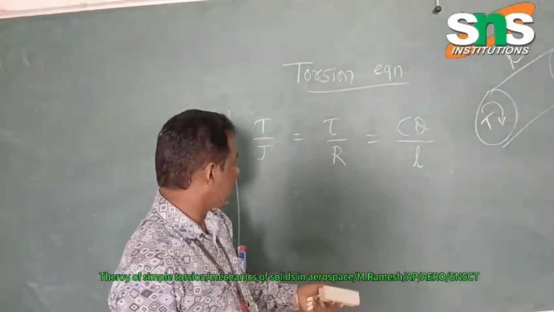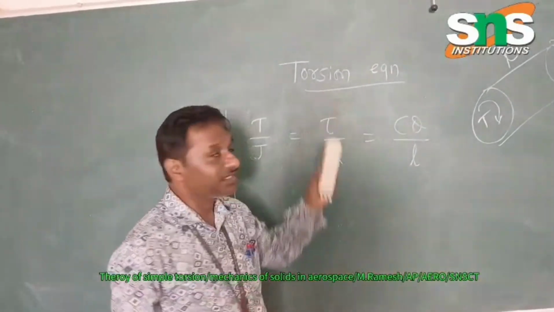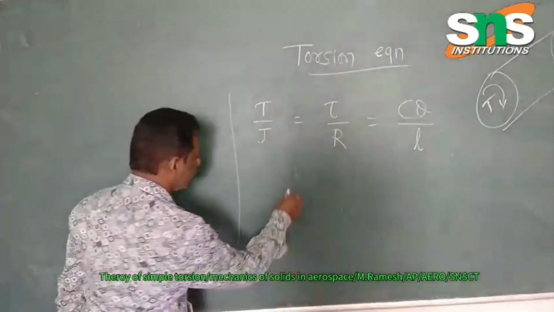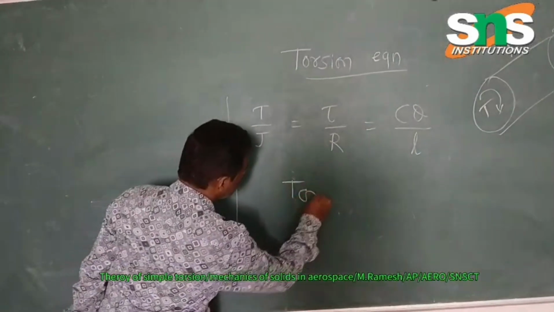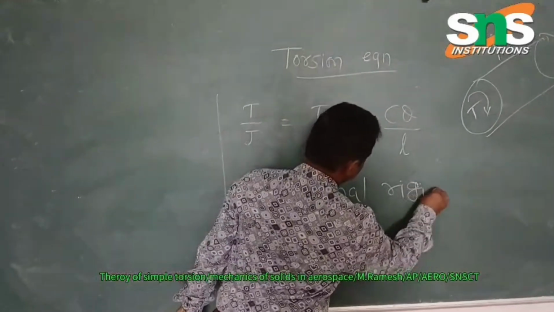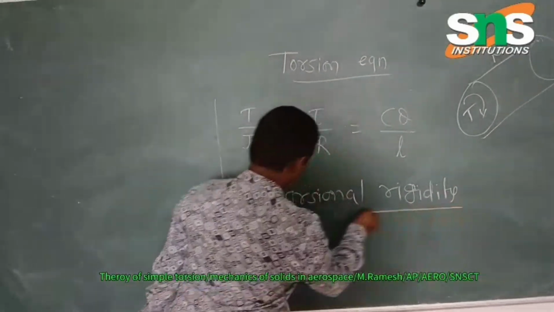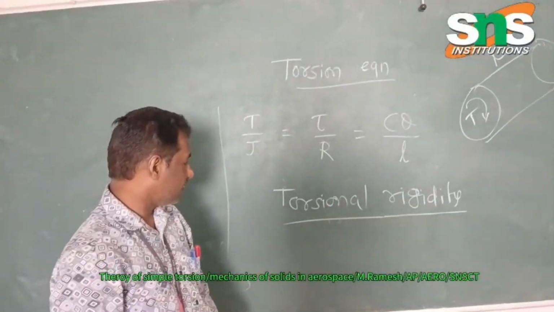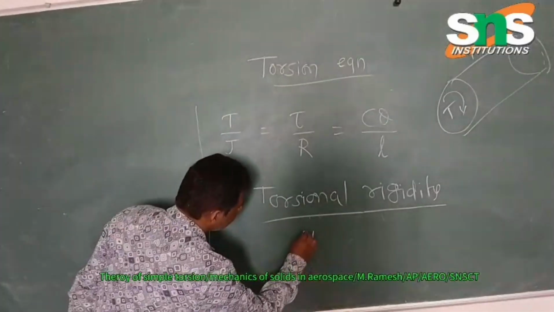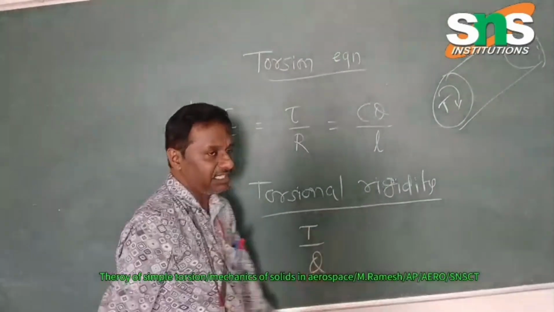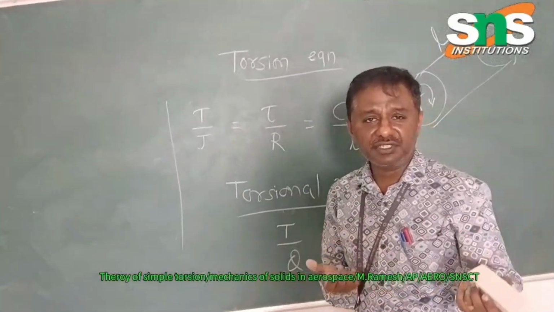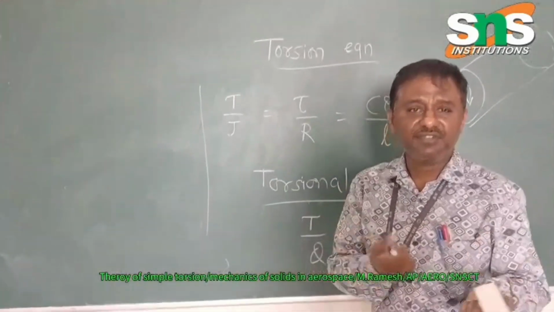And what are the other things we can say from the torsion equation? One is called torsional rigidity. Generally, torsional rigidity is represented by T by theta. We know what is rigid. If it is rigid, it does not give any deformation.